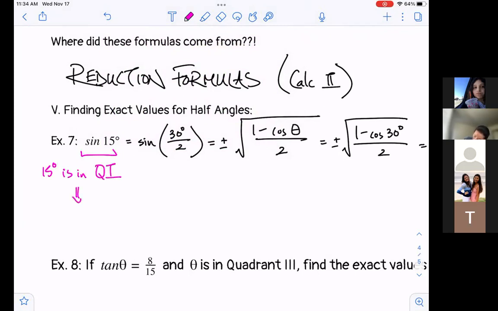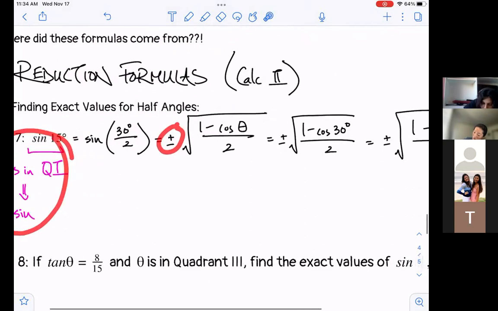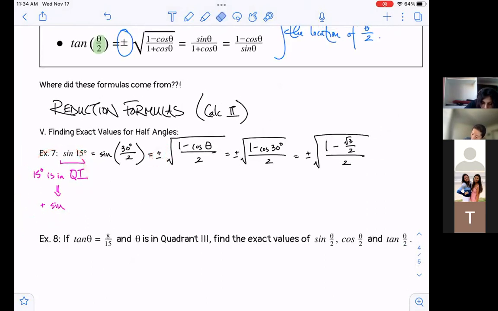So that implies, do we have a positive sine value or a negative sine value? Good, we have a positive sine value, okay? So this part in the pink is our decision of which one this is. Is it positive or negative? And so we can see from here that it's going to be positive. So I'm actually going to go back in. I'm going to put that positive sign right there. So we know we've made our decision, okay?